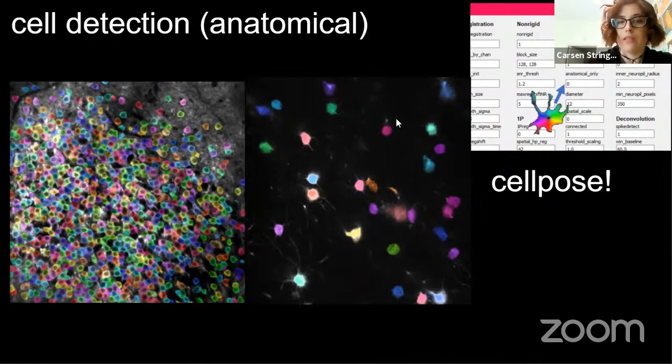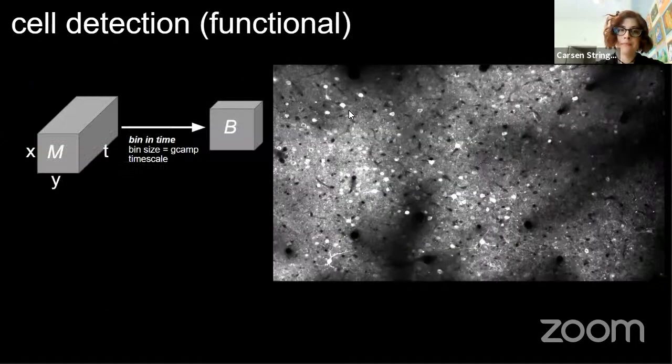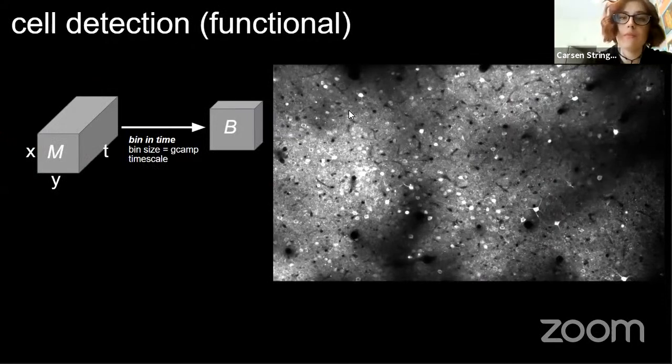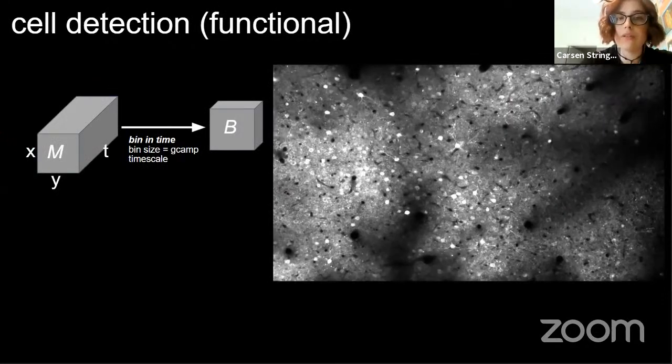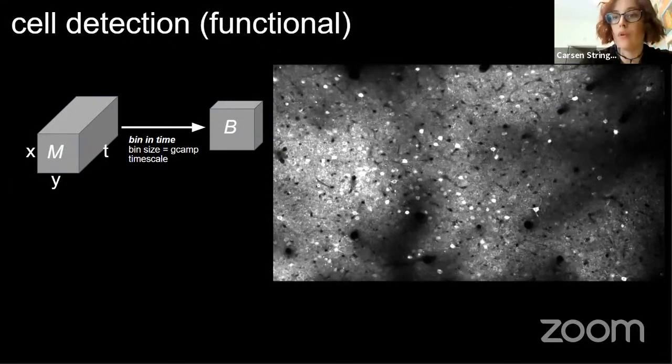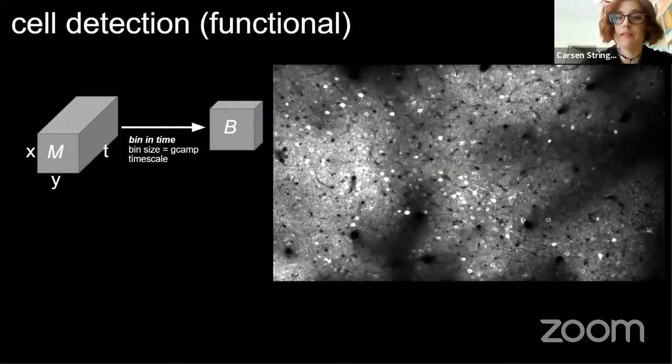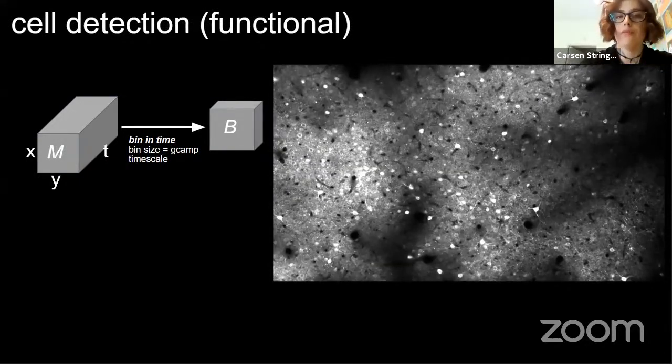And this is a deeper brain recording, where you might also have an advantage of using Cellpose over a functional approach, in a less high SNR regime. But in a lot of cases, the functional segmentation will be better and you'll find a lot more ROIs, a lot more cells or whatever kind of region of interest you're looking for.